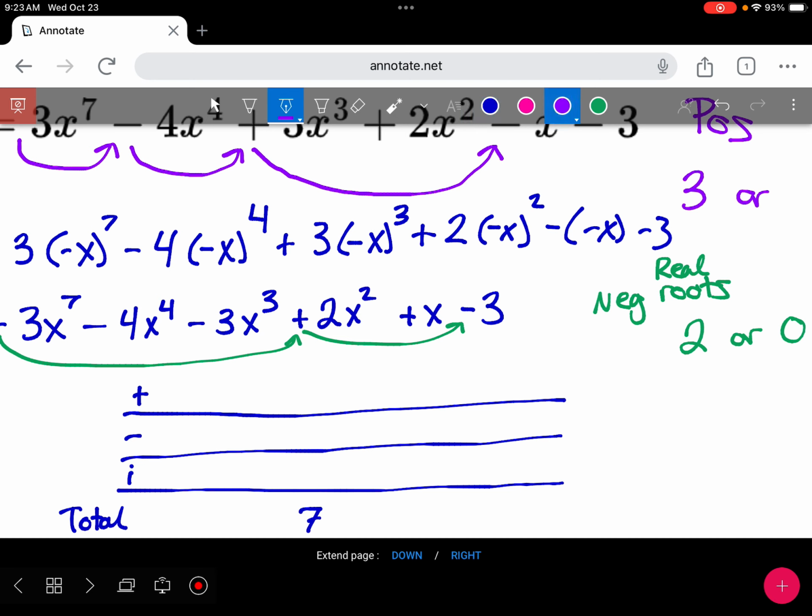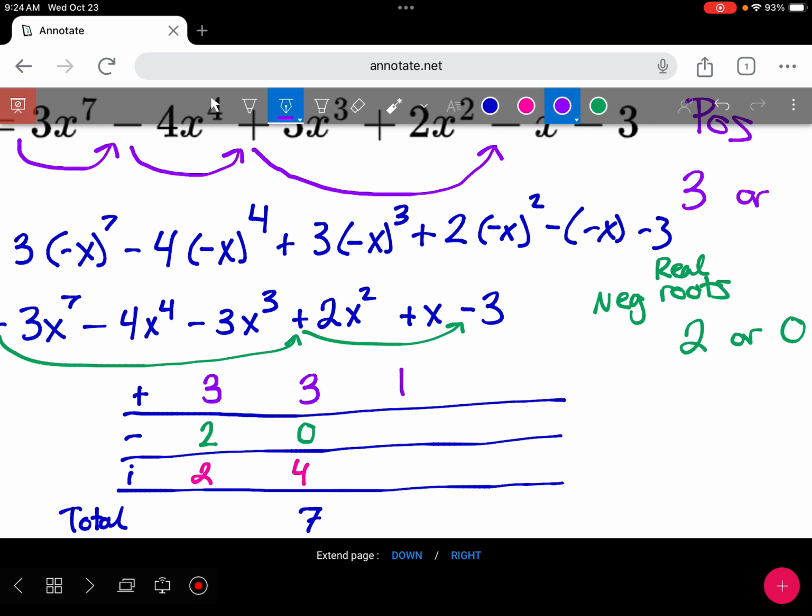So if I have 3 positive roots and 2 negative roots, how many imaginary roots would I need to have? 2. If I have 3 positive roots and no negative roots, how many imaginary roots do I need to have? 4.